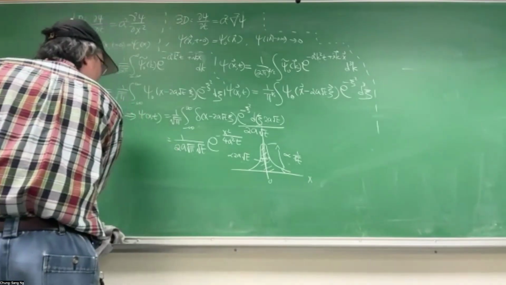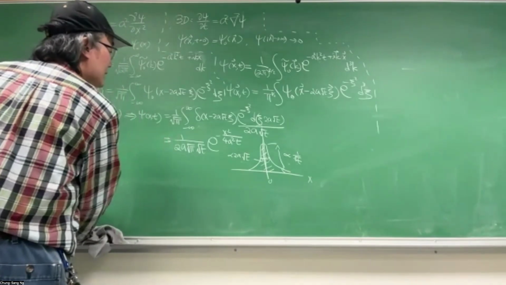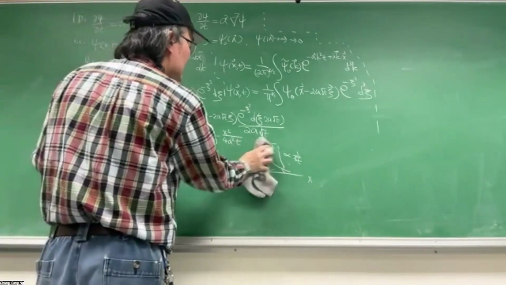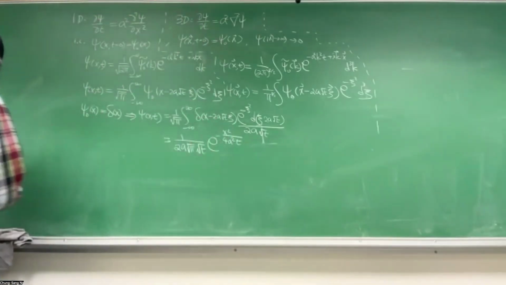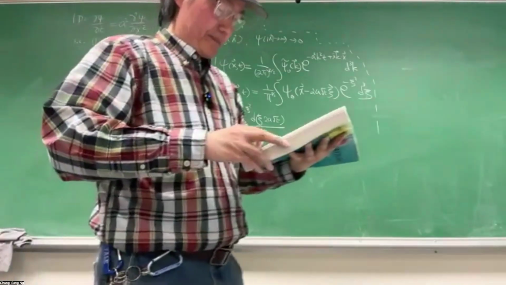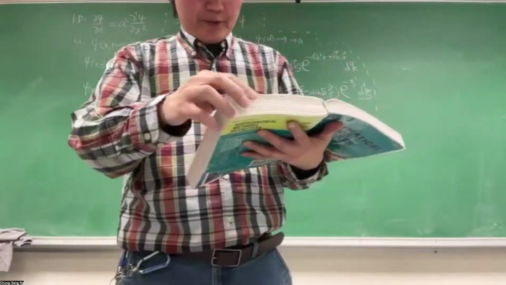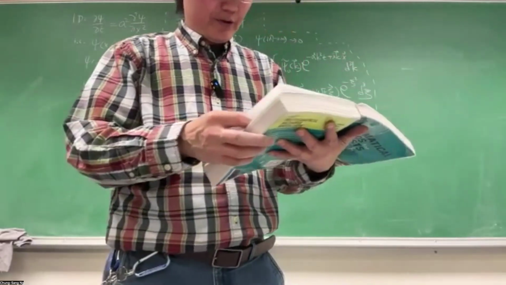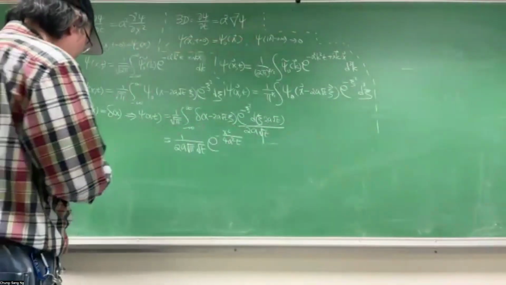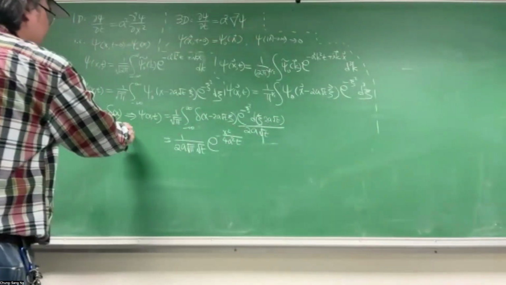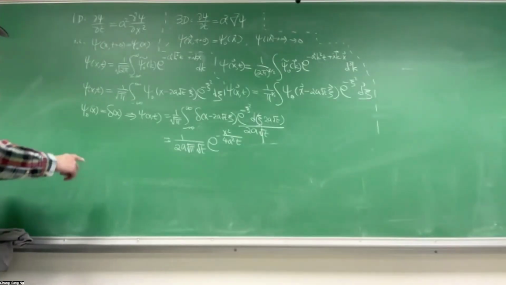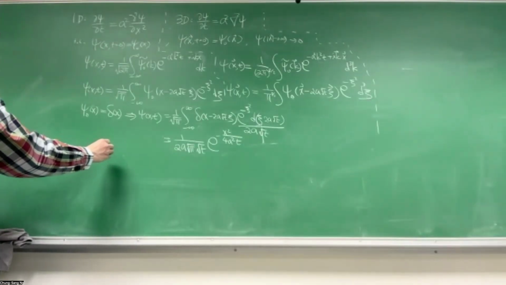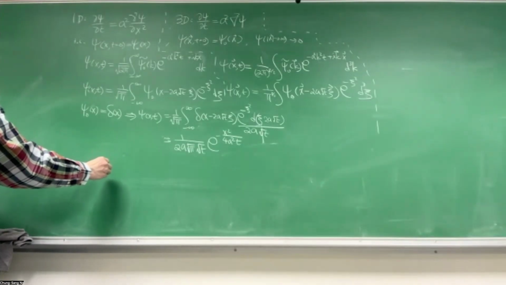Let's keep it here because I want to tie it up with your textbook example. The textbook has an example 9.7.2. The initial condition is not like that. The initial condition in that example is a step function.